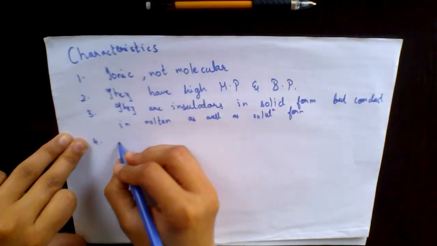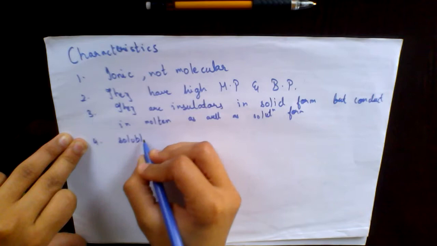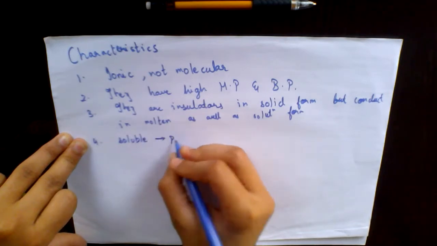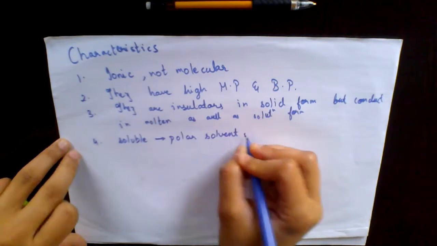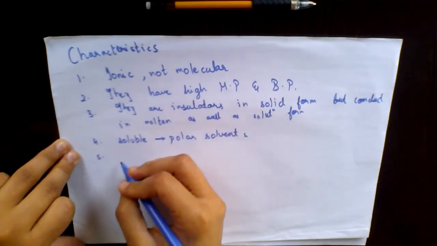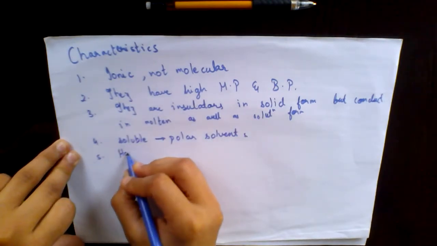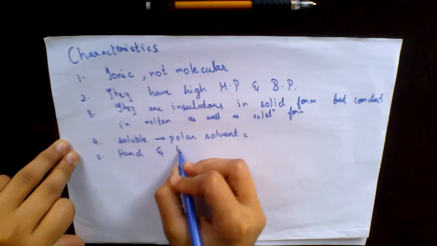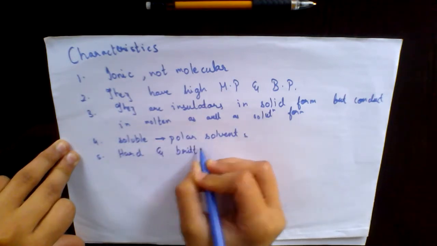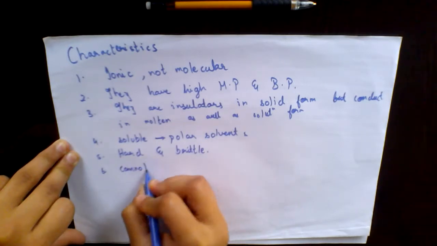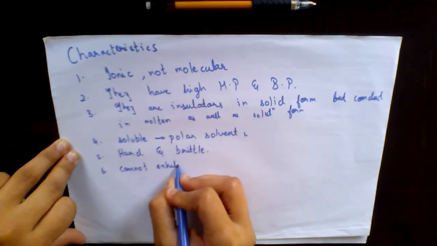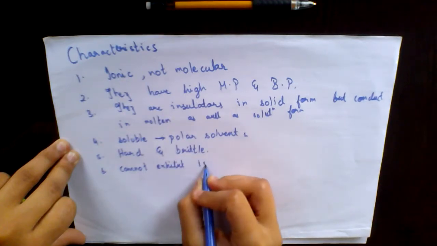Number 4. Soluble in polar solvents. Number 5. They are hard and brittle. Number 6. Cannot exhibit isomerism.